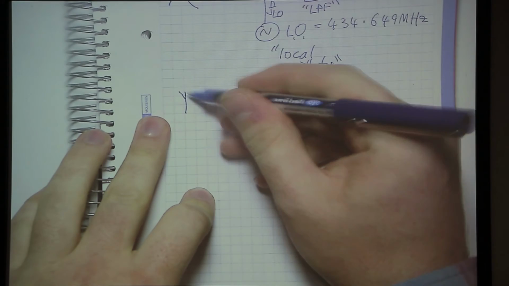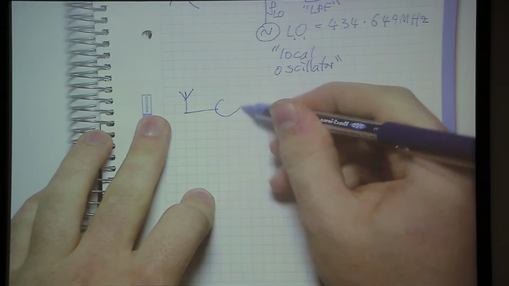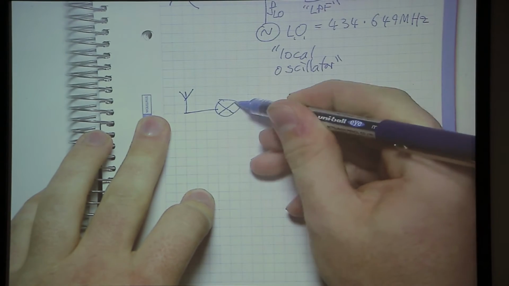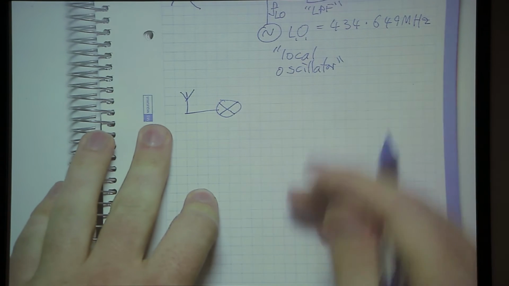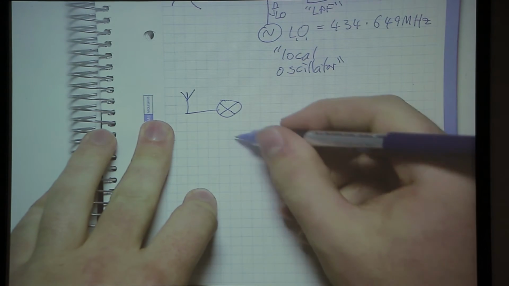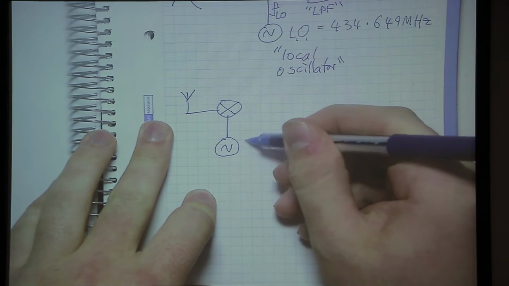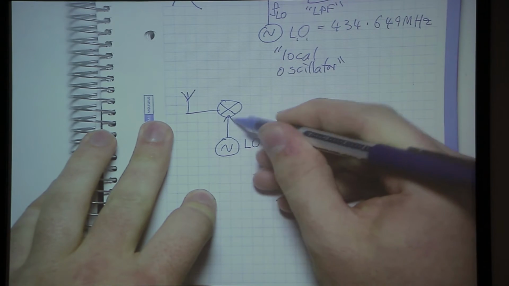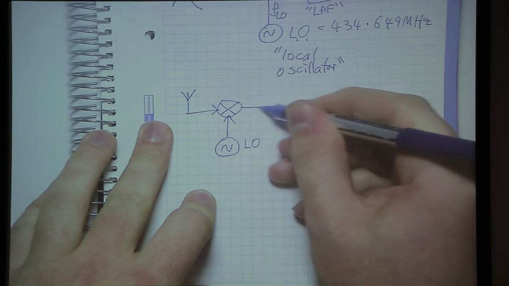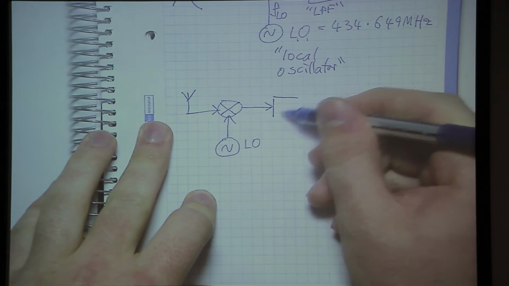You have some kind of antenna, this multiplier, which we call a mixer, but really is essentially just multiplying the two signals together, some local clock which we control, or local oscillator. The output here has a frequency we don't want, so we filter that off.